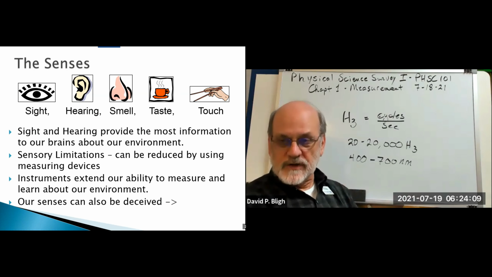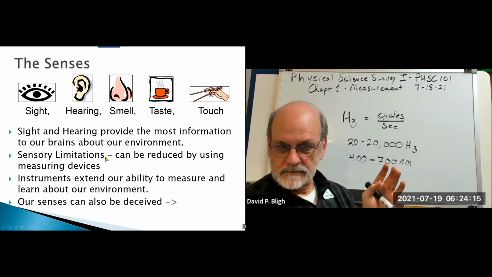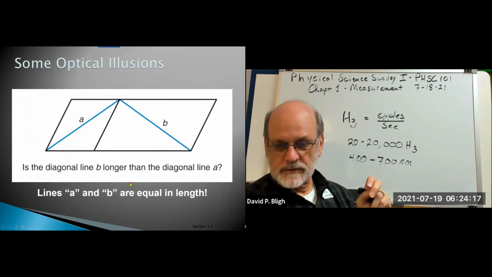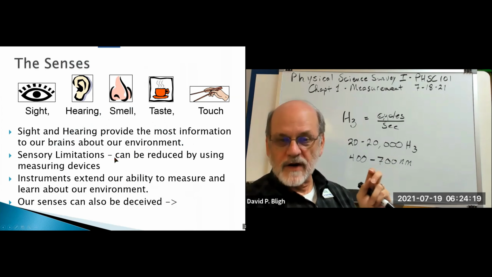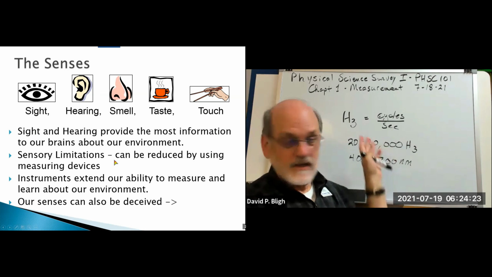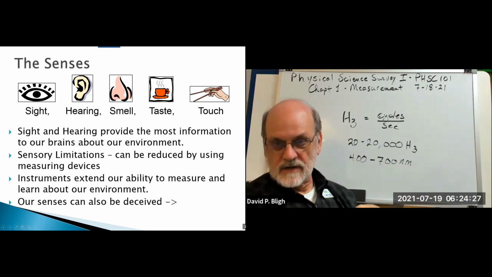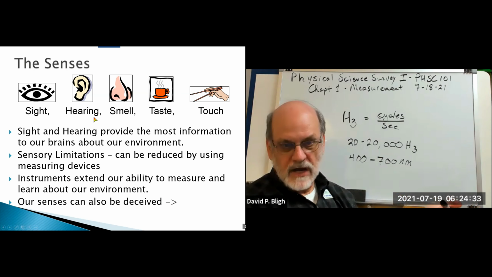So we have instruments that can make those measurements. And they overcome our sensory limitations by using detectors that are sensitized to things that are outside the range of our senses. And sometimes they measure things that our senses would never measure.